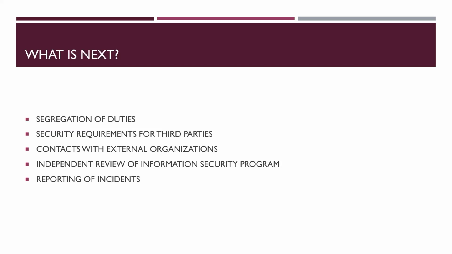So here we need to define how we are segregating the different roles and responsibilities corresponding to all roles and operations that can impact the CIA, that is confidentiality, integrity, and availability of information. Companies should implement the principle of least privilege for access to all information and certain systems.